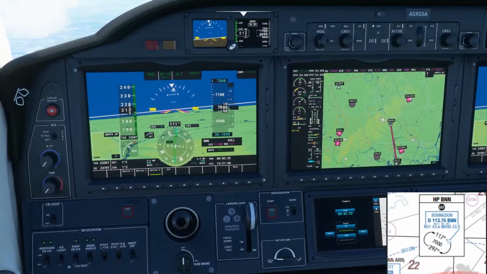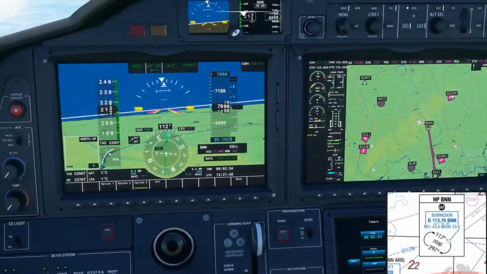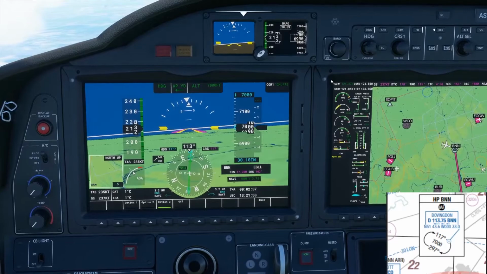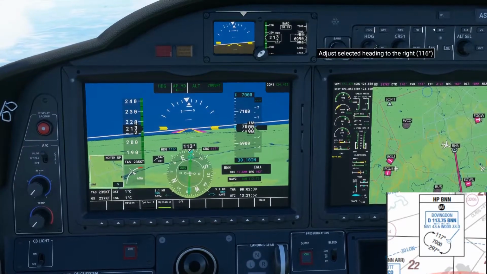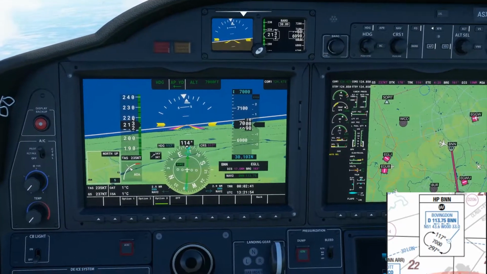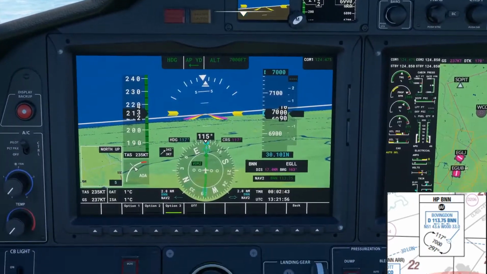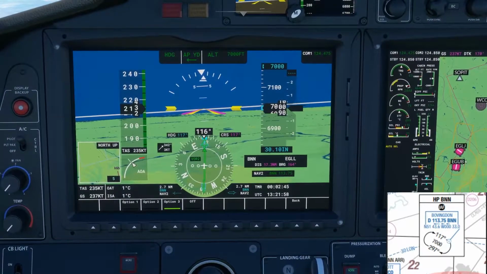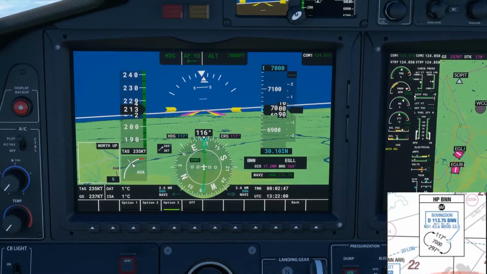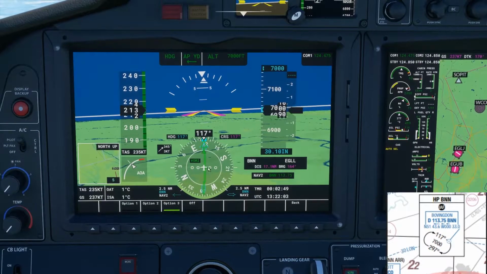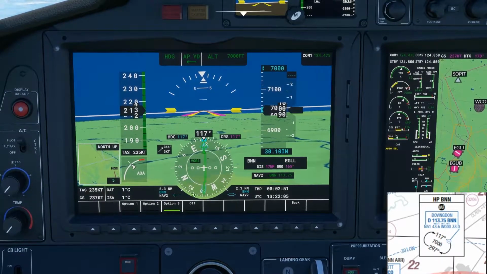And if this all works out perfectly, it should be about 3 minutes by the time we pass overhead the VOR again, 3 minutes from whenever we started the stopwatch. So I'm not going to chase the needle now because we're very, very close.